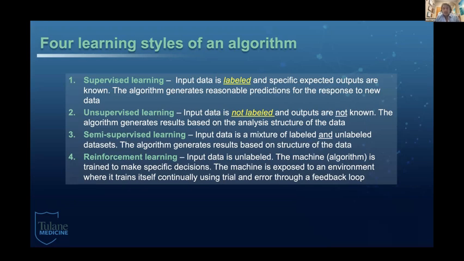Semi-supervised learning is a mixture of both labeled and unlabeled data sets, and the algorithm generates results based upon the structure of this data, which is put through the algorithm. Now, in reinforcement learning, the input data is unlabeled. The machine, which is the algorithm, is trained to make specific decisions. The machine is exposed to an environment where it trains itself continuously, utilizing a feedback loop.